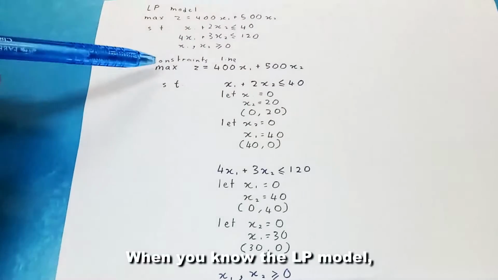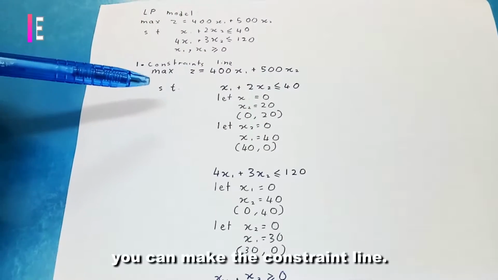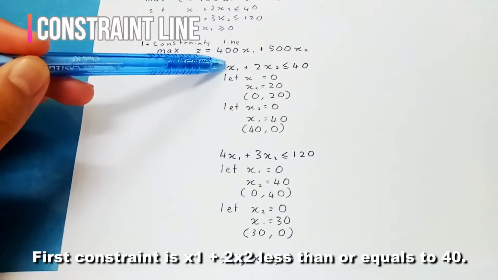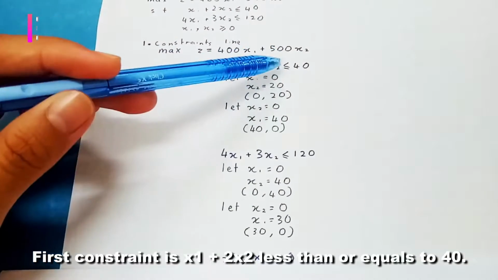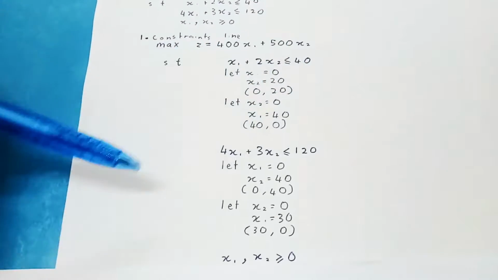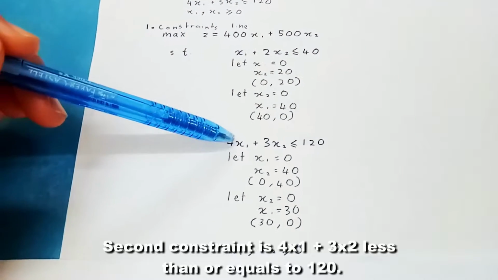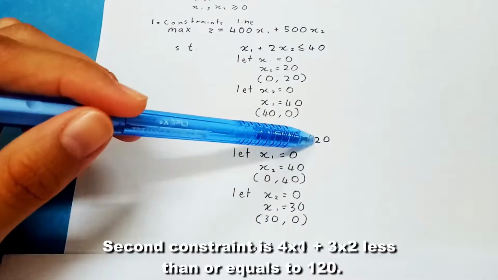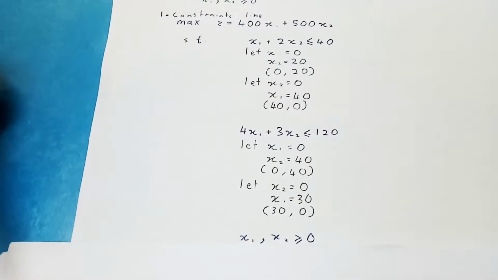When you know the LP model, you can make the constraint lines. First constraint is x1 plus 2x2 less than or equal to 40. Second constraint is 4x1 plus 3x2 less than or equal to 120.